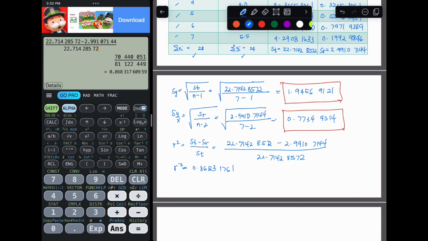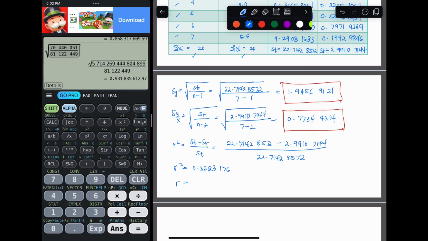Then take the square root of the answer, giving us a correlation coefficient of 0.93183561, which is very, very close to 1.